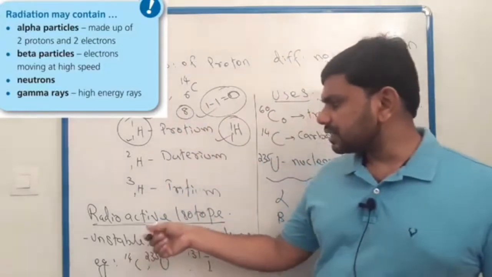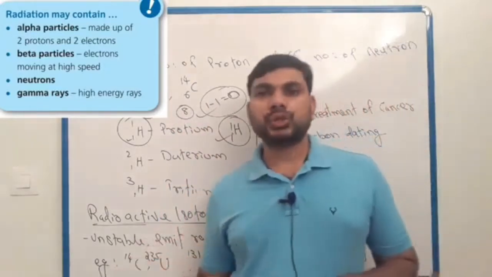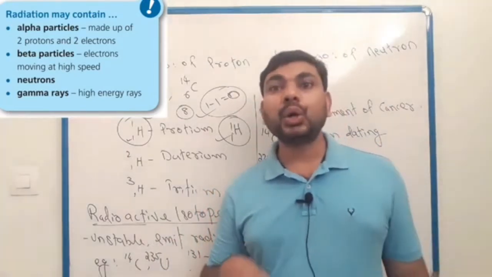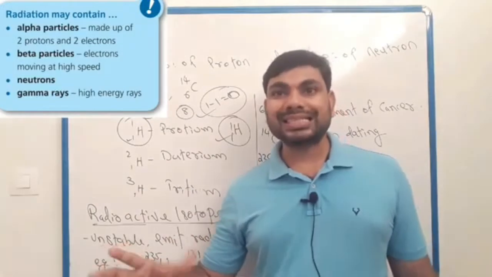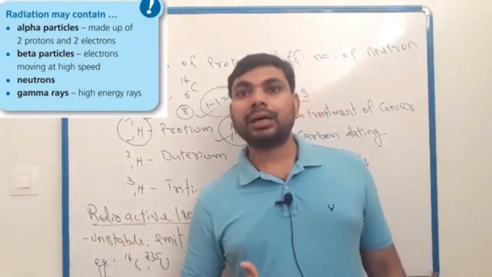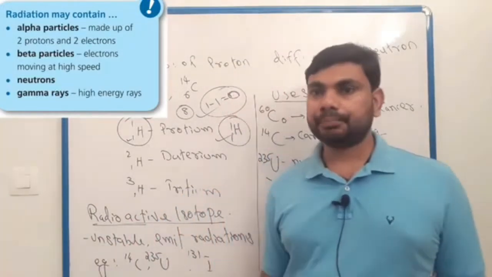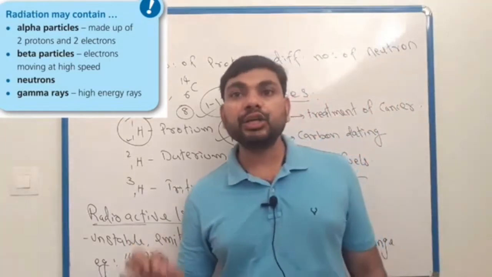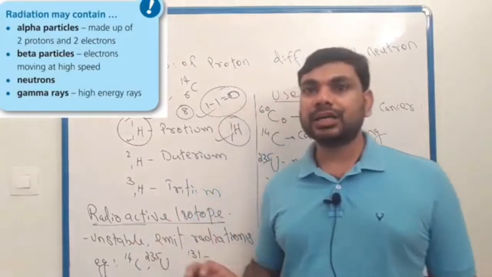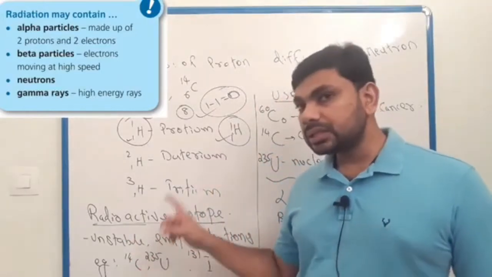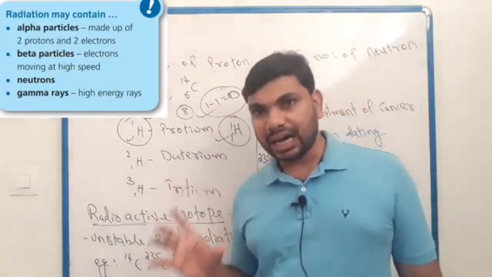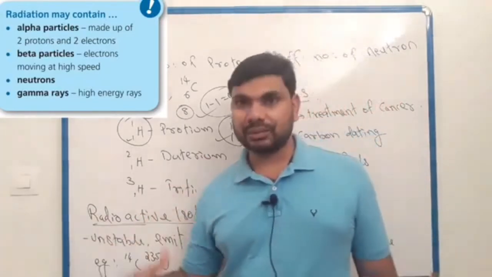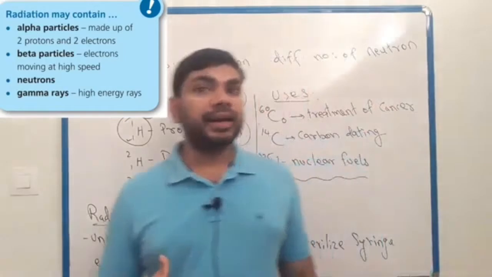After that, we have to understand radioactive isotope. Radioactive isotope means some isotopes are not stable. They will not stay the same over time. For example, here carbon 14. Carbon 14 is a radioactive isotope. It emits harmful radiation.